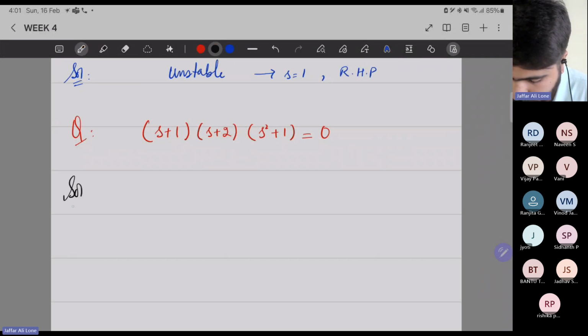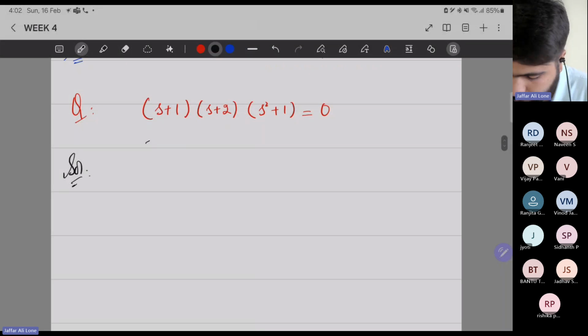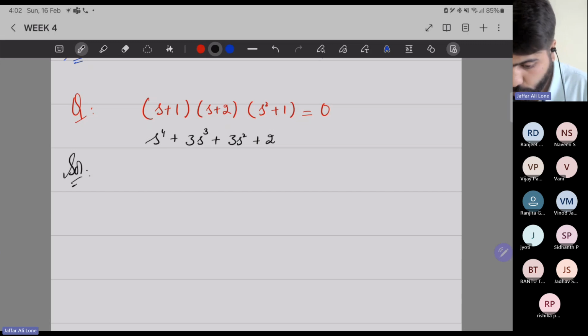So let's solve it. If we solve it, we'll get S4 plus 3S cube plus 3S square. Right half only one pole is there, sir. Okay, right half one pole.